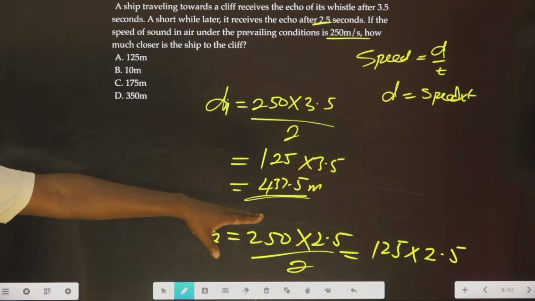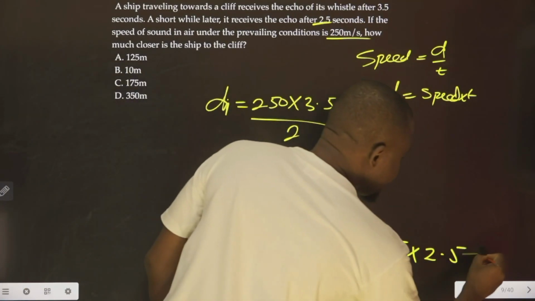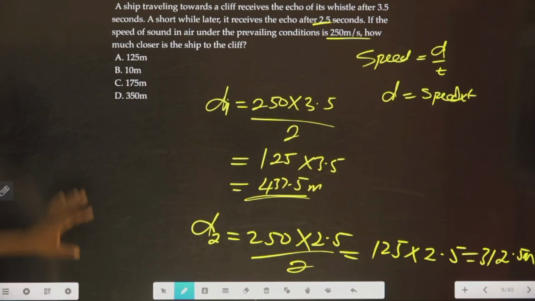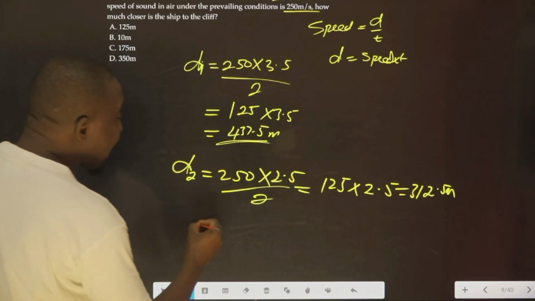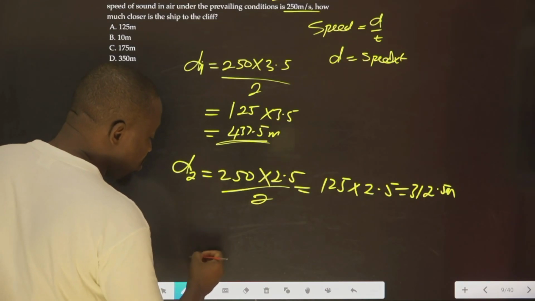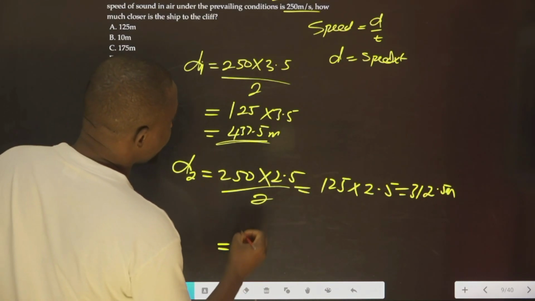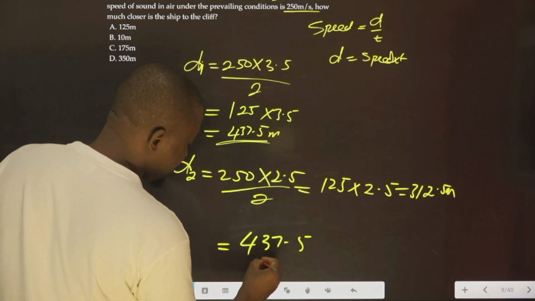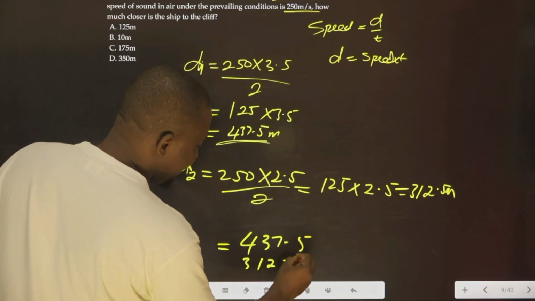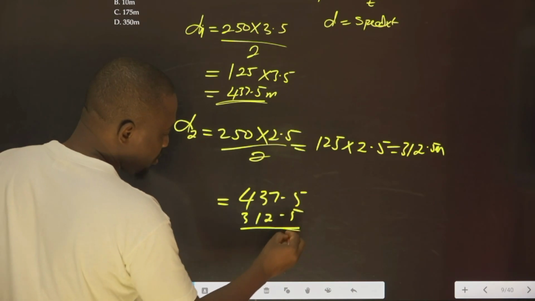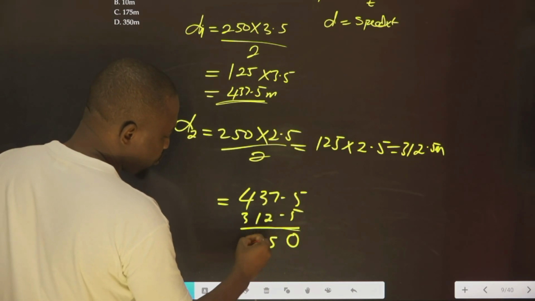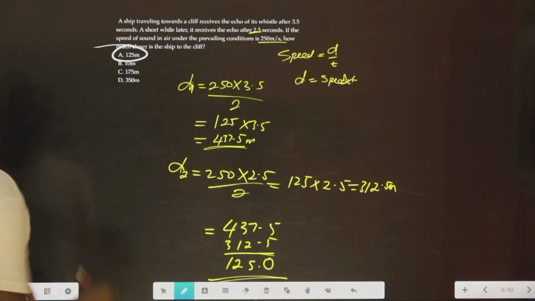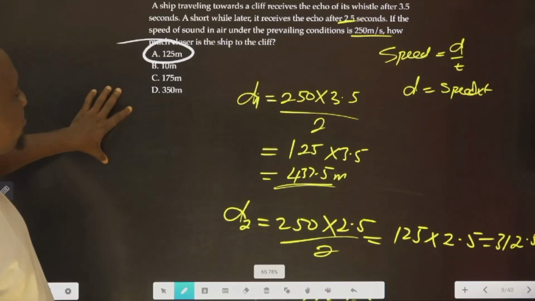If you calculate this now, you're going to have 312.5 in meters. Okay? To get how close it is, we're going to do 437.5 minus 312.5. That is 125. A is the answer. You understand?